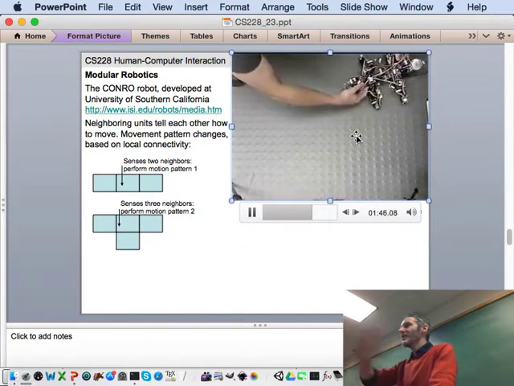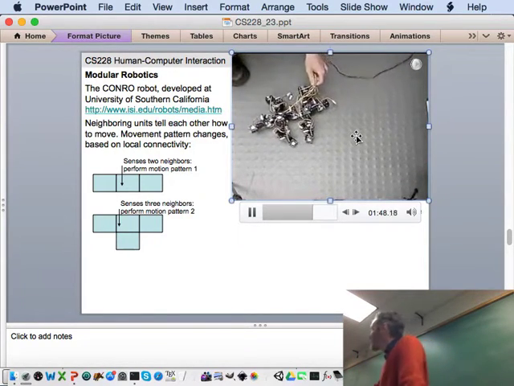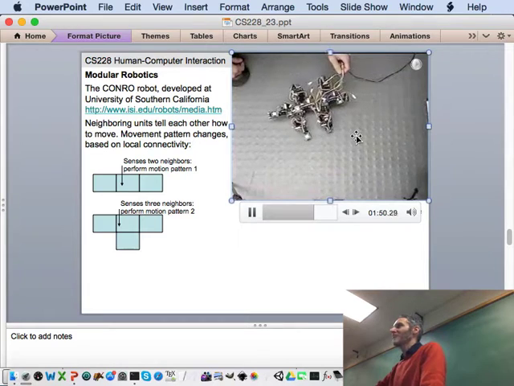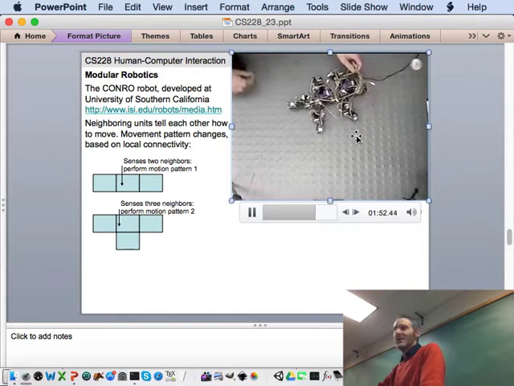So again, all the exact same code, but in essence, 2 different robots performing 2 different gaits or ways of moving.